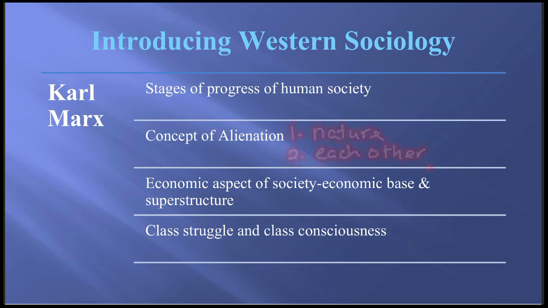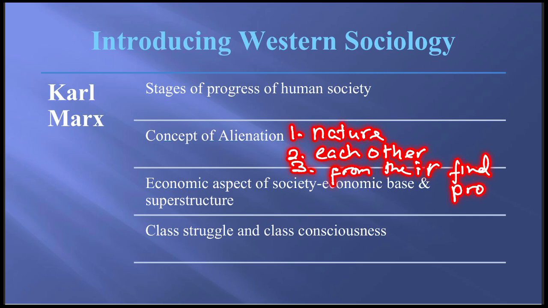The third kind of alienation is when the workers feel that they are alienated from their fruits of labor, that is, the things that they produce. Why? Because they don't own the product they produce and they don't have control of the work process itself.